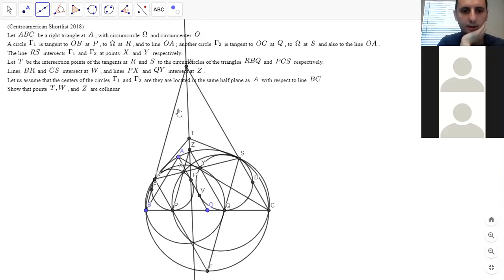This line can't be the radical axis of the little circles because this point is on that little circle. So there's no way that line is the radical axis of those.